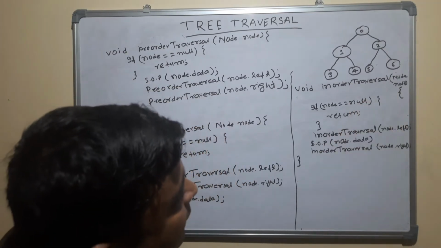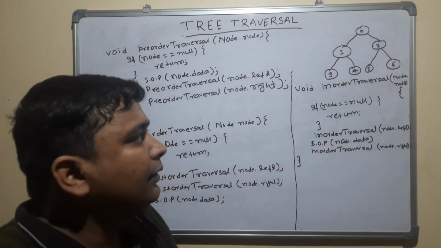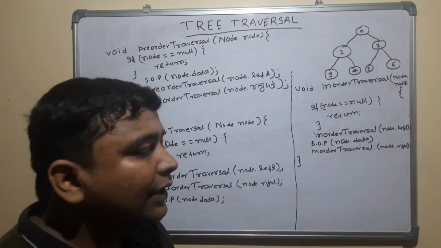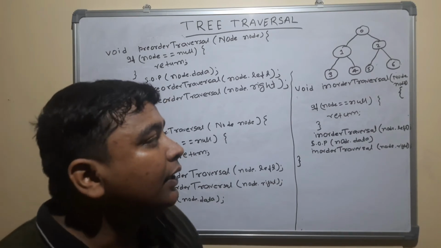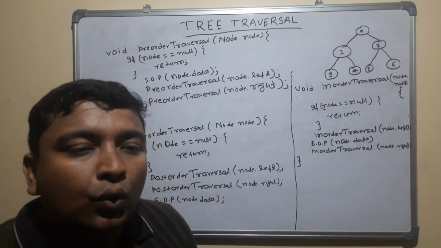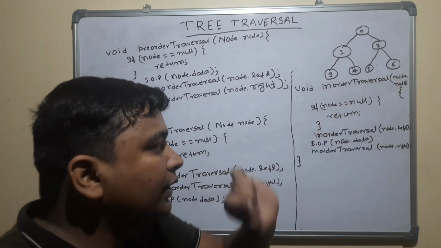So in order traverse function is taking one argument, and that argument is the root node. The base condition I have written here: node equal to null, then return.